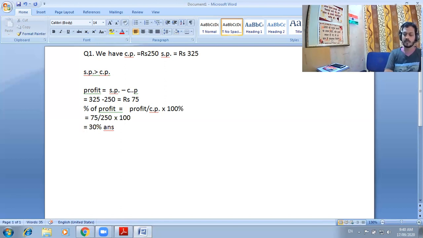Further, move to the next one given in the question. A refrigerator bought for rupees, given that CP for the refrigerator equal to rupees 12,000, and SP equal to, tell me the value of SP, 13,500.